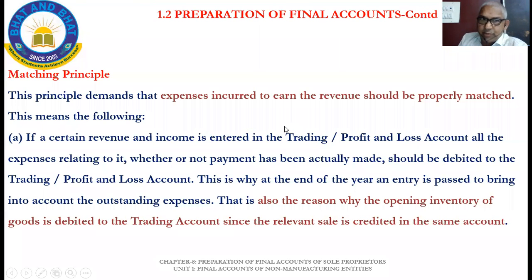This is an example for matching principle. The same closing stock or inventory will be the opening stock of the next period. Why is it shown? Because it is not yet sold. The benefits are not yet received. Hence, it will be shown as a closing entry, closing inventory. Also, it is taken as opening because it is still there, not yet sold.